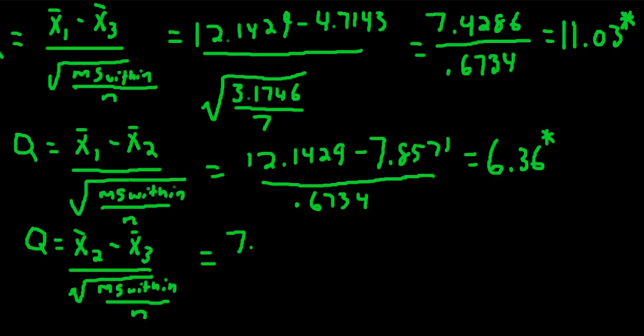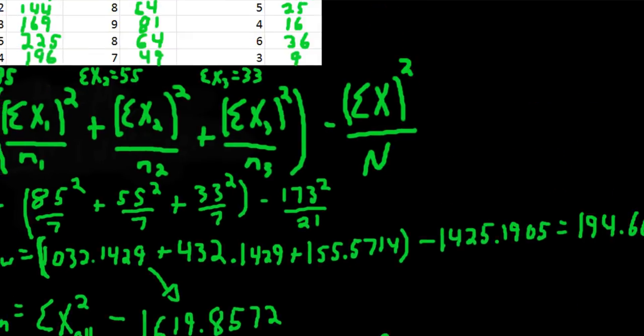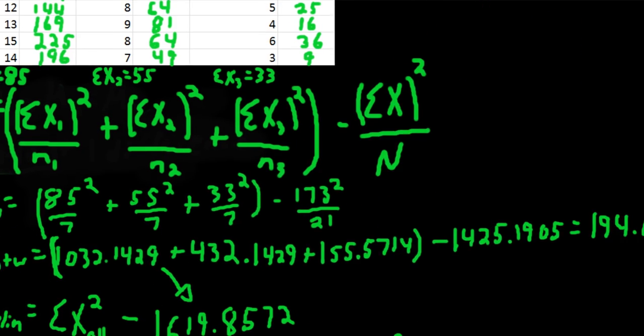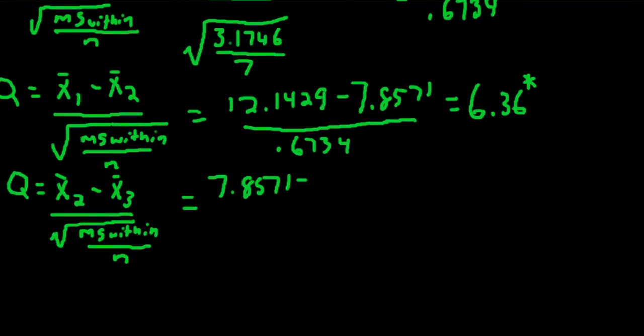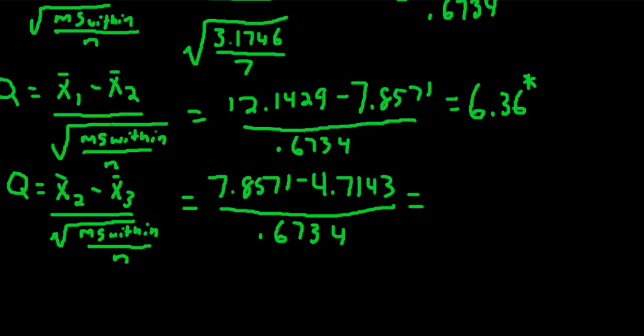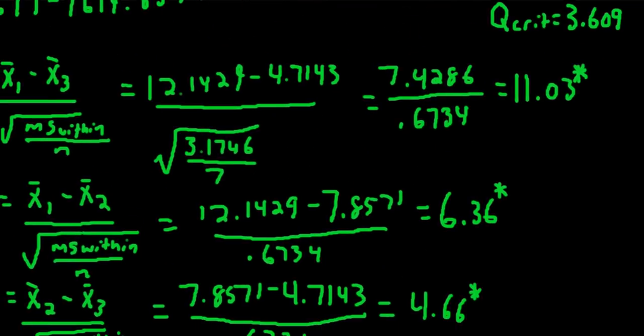So we have 7.8571 subtract the mean for the control group, which is 4.7143, over our error term, and we get 4.66, which is also above our Q critical value of 3.609.